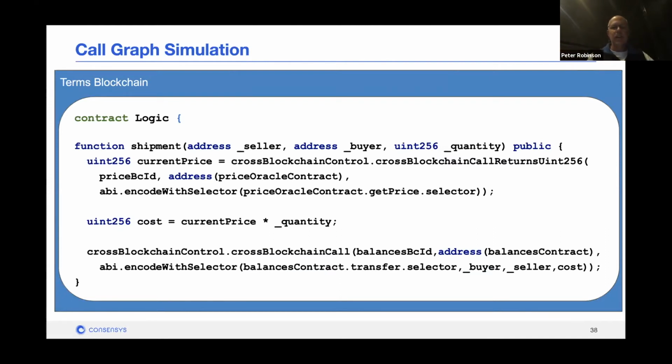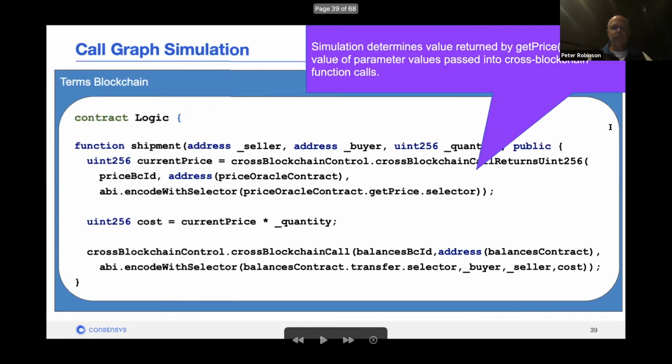So you need to look at what value is returned by the call to the price oracle blockchain, because that determines what the cost is, and the cost is then passed in as a parameter to the balances blockchain. As it says there, the simulation will determine the value returned by get price.